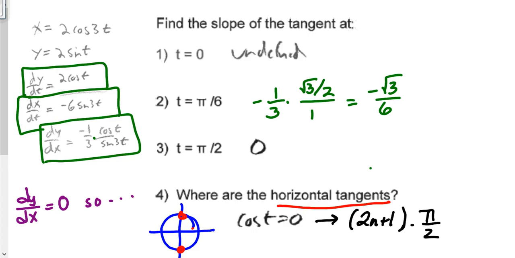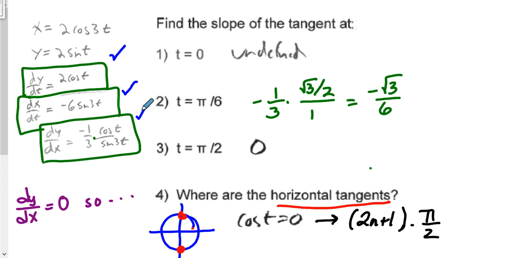Okay, let's check your answers. So off to the side here, we have the calculation of dy dt, dx dt, and then take the quotient of those two. Okay, remember to put the dy dt on the top, dx dt on the bottom. I did simplify a little, just reducing the fraction, whatever, it doesn't matter if you don't, okay?